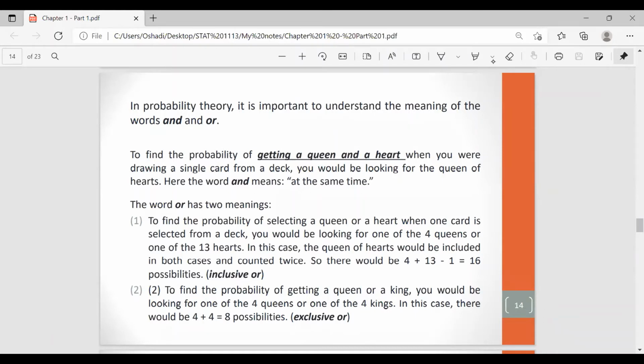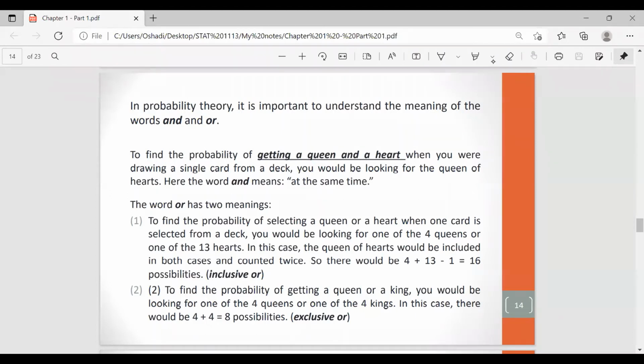Here, the word and means at the same time, simultaneously. Getting a queen and a heart, both events occur simultaneously at the same time. That is the indication of and here, right?